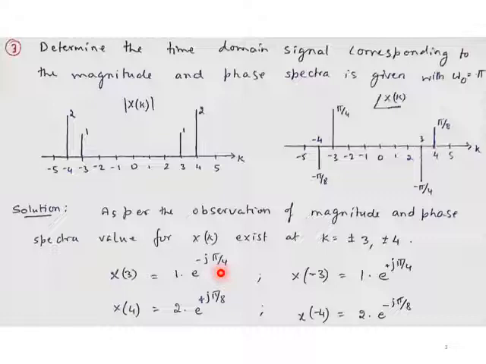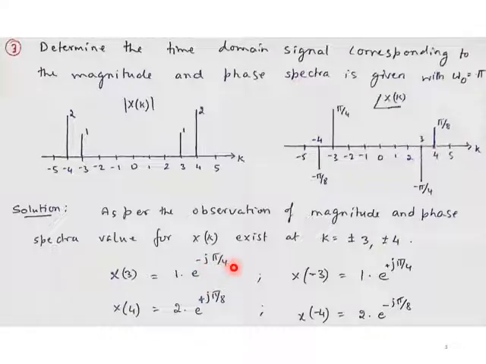Over here we got the equation with respect to pi by 4. Then I should get the value equal to 1 or more than that, so I should be able to get the value in terms of 1. So we can take the exponential factor with respect to minus j pi by 4.